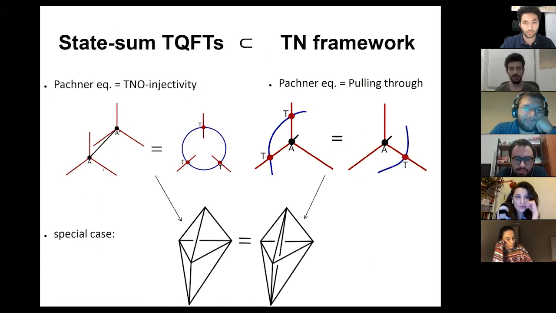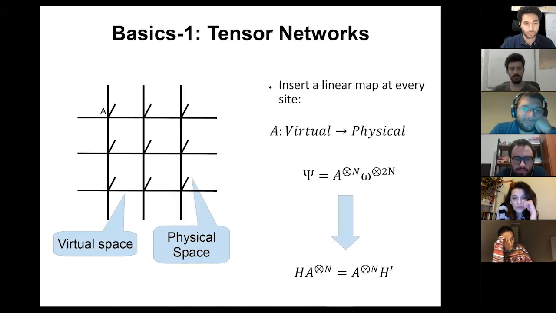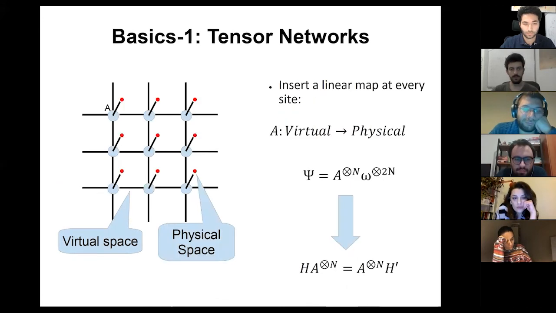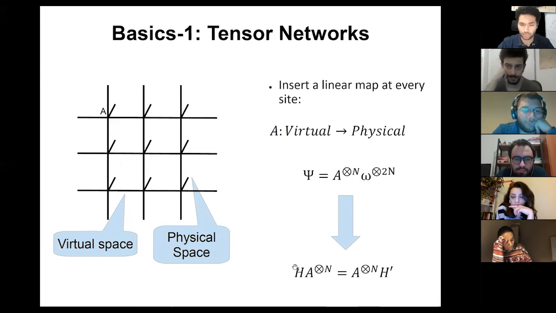So all these things that I mentioned at the beginning, such as, given a local tensor, if you satisfy some certain conditions, you know that you get a parent Hamiltonian H, such that it has the state as its ground state. Okay. This very fundamental thing is actually not known for the continuous MPS.